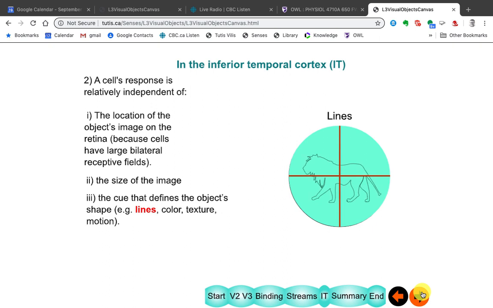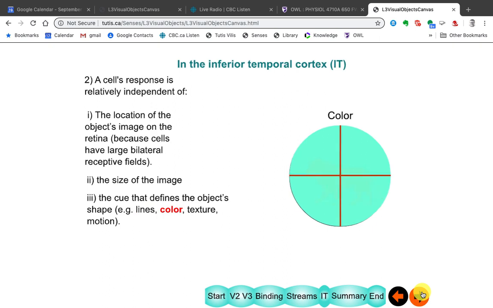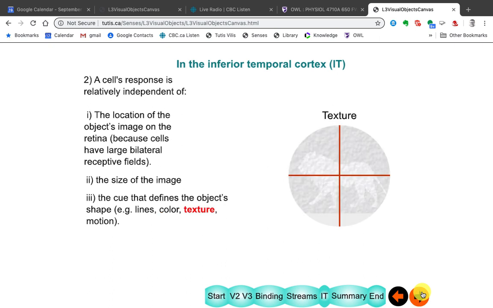It also doesn't care what cue you use to define the lion. Here we're just using an outline to define the lion. Here we're using color. Here we're using texture.